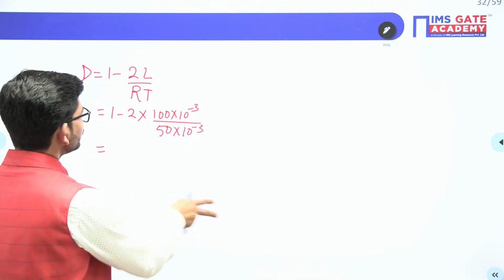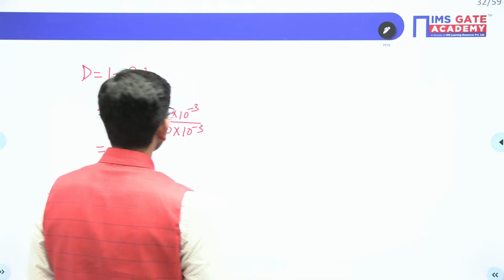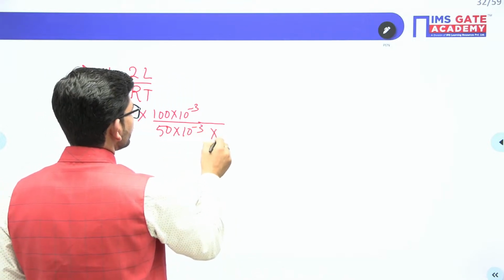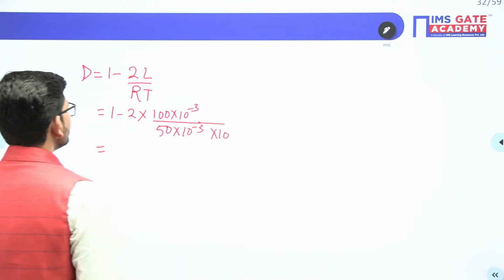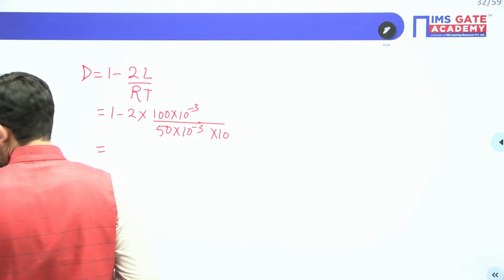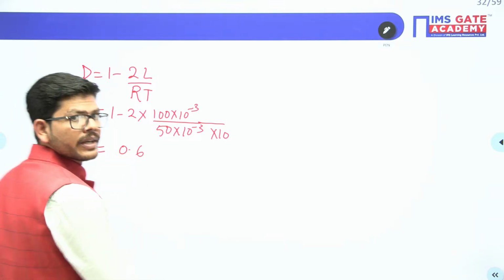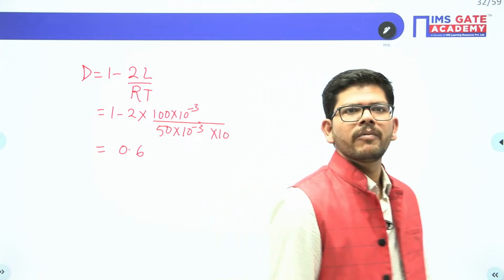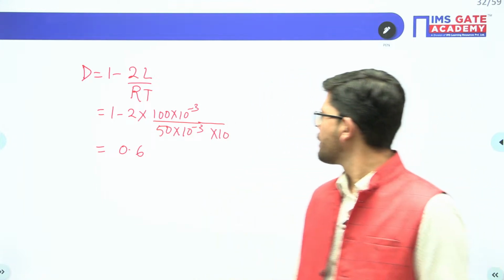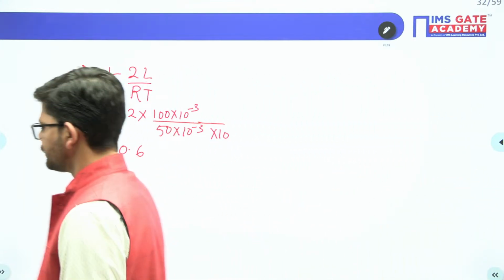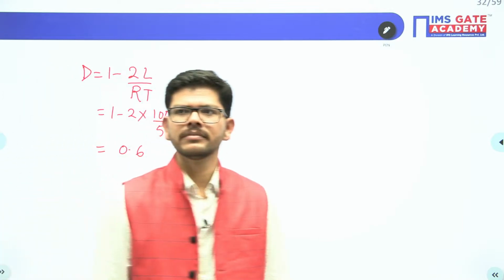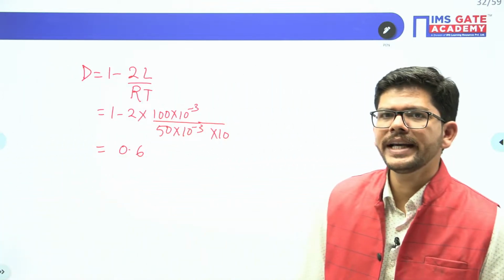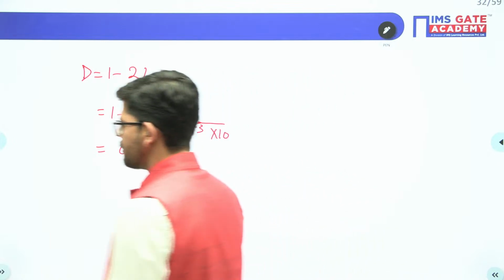Oh, we haven't put the value of R here. R value is also 10. So we have to put one more 10 here. So I think the D value is coming out to be 0.6. Are you getting the D value to be 0.6, guys?